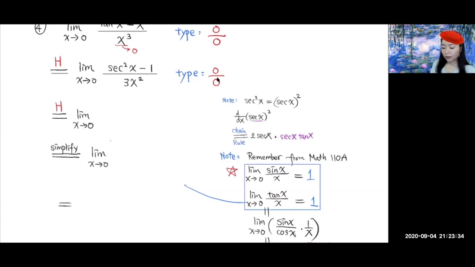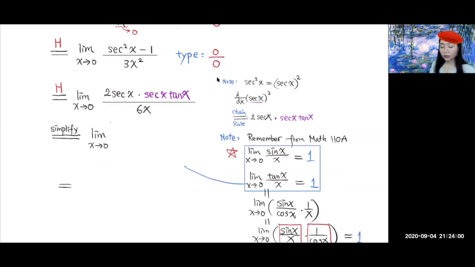So that's the derivative of secant square x, and the derivative of -1 is 0. Now this will be over the derivative of the denominator. The derivative of 3x squared will be 6x. Now we want to simplify this, so simplify whenever possible.